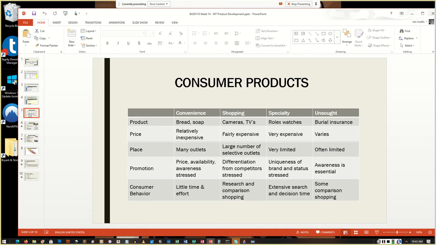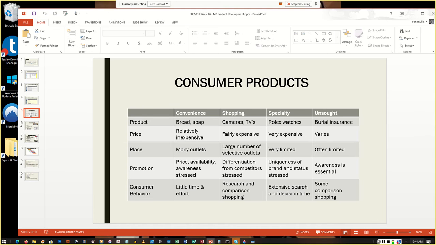At the end of the day though, the consumer ultimately decides how they're going to classify the product. So based off of the consumer, it'll be a convenience item or shopping item or specialty. It's based off of what they feel the product is used for, and if they care about the price or the promotion.